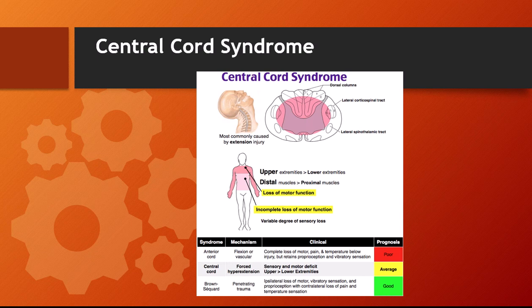Now, when we're looking at this, keep in mind that with central cord injury, what part of the cord is most often going to be affected? Cervical, yeah. So what kinds of symptoms would you expect to see in that situation? Or let me back up.